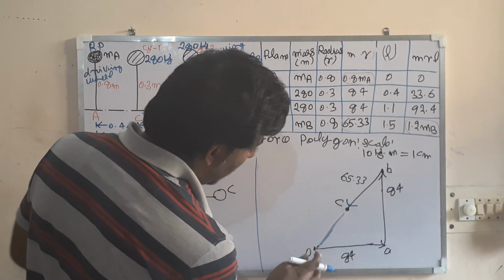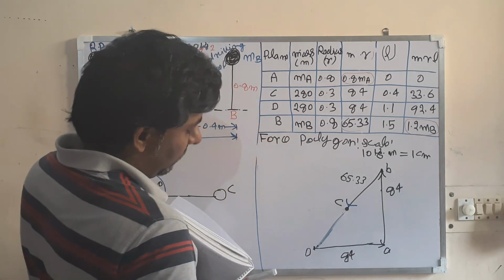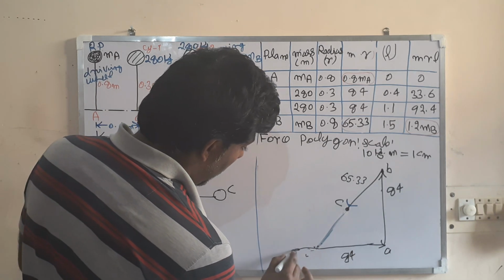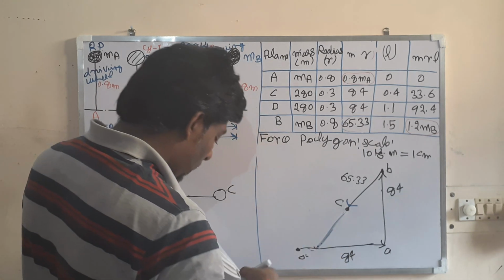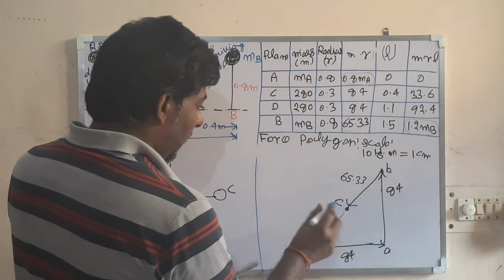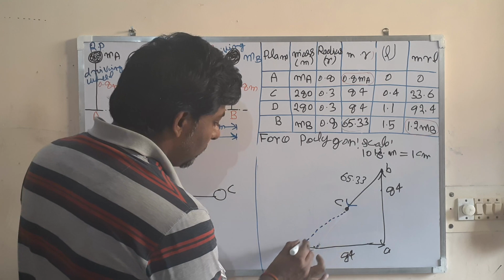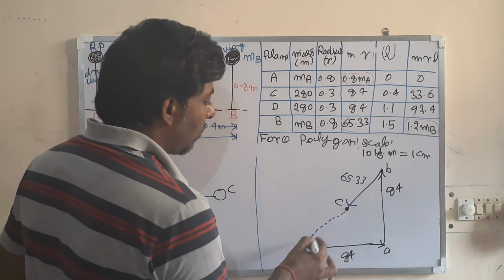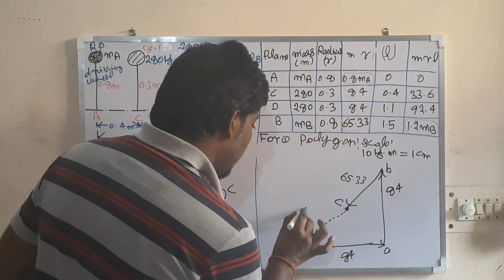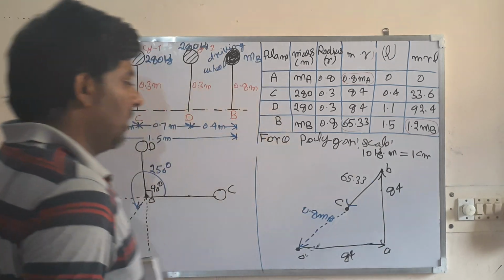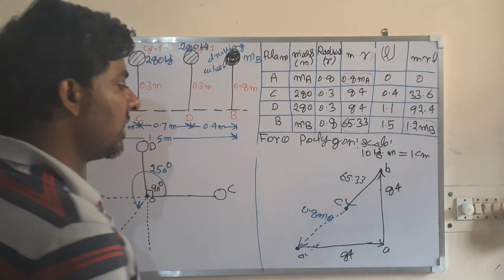If this O is here, you will get some different direction. Actually the direction is different. You join this. So this closing side will be 0.8 MA.